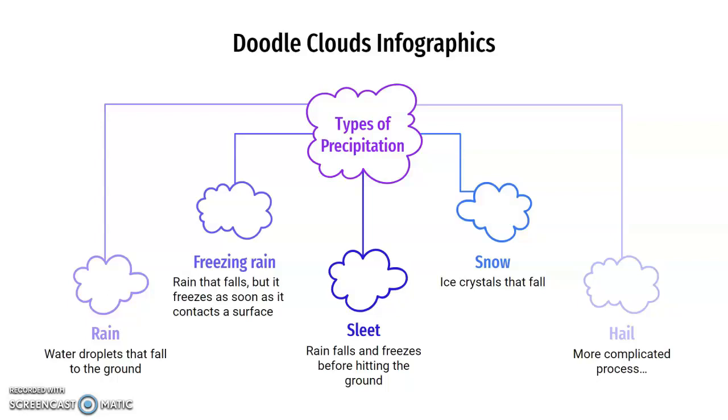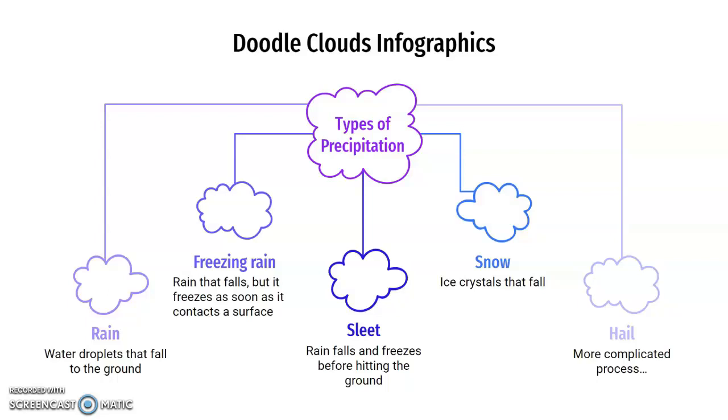There's also freezing rain, and that's rain that falls, but as soon as it contacts a surface, it'll freeze. Sleet is rain that falls and freezes in the air before it hits the ground. And those, freezing rain and sleet, all happen with collision coalescence.